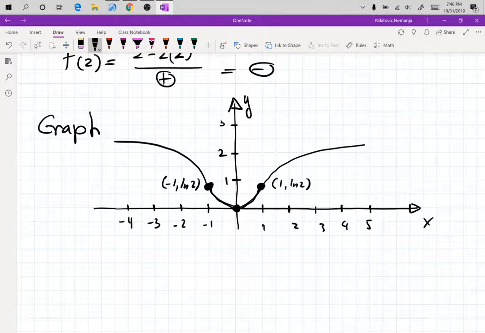and the next step for us is Desmos. I'll bring it back. So let's see. ln, open parenthesis, x squared plus 1. There it is.